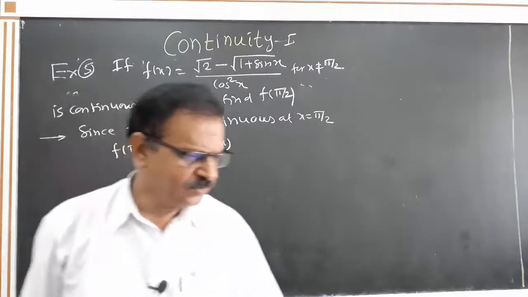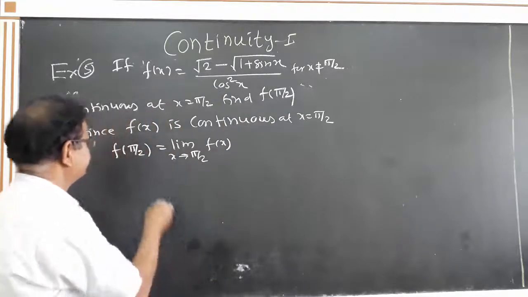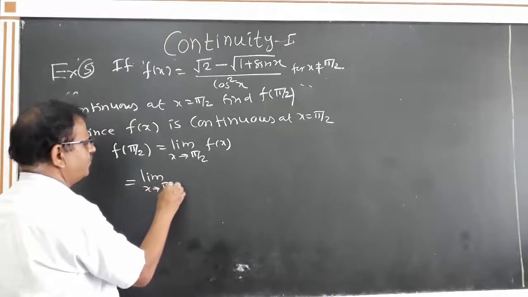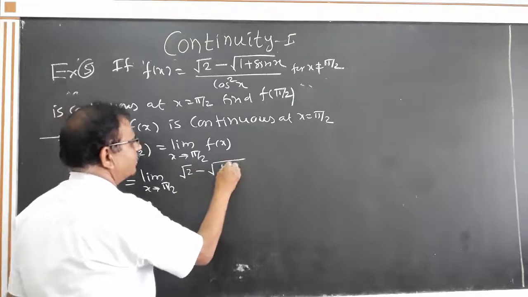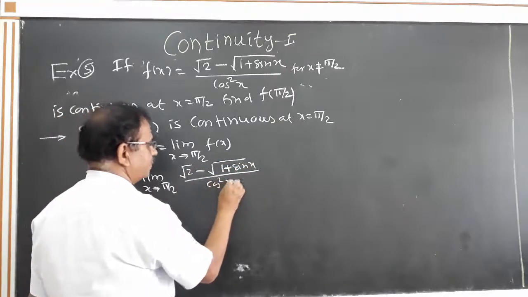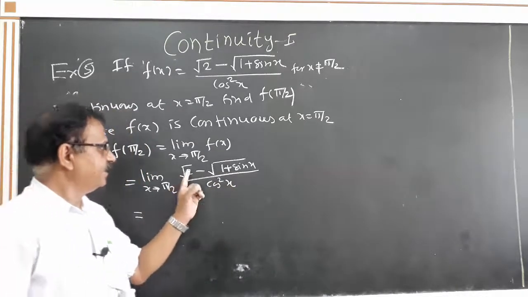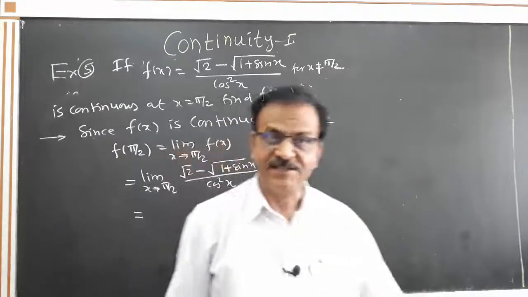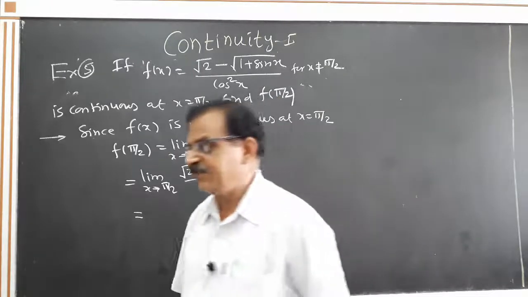f of pi by 2 equal to limit x tends to pi by 2 of f(x), and that is nothing but equal to limit x tends to pi by 2 of (root 2 minus root of 1 plus sin x) divided by cos square x. Now here we can see that there are two square root signs, and in between them there is a minus sign. Therefore, for this purpose we shall make arrangements like this.